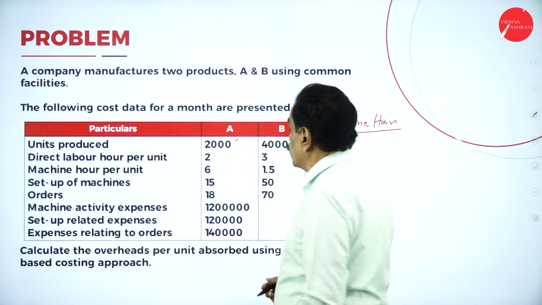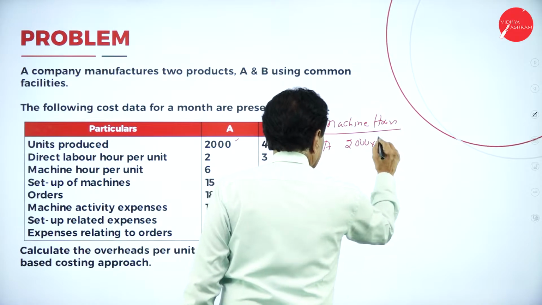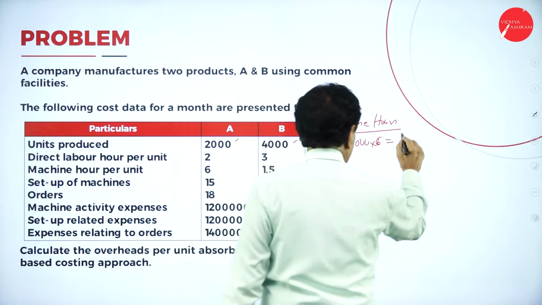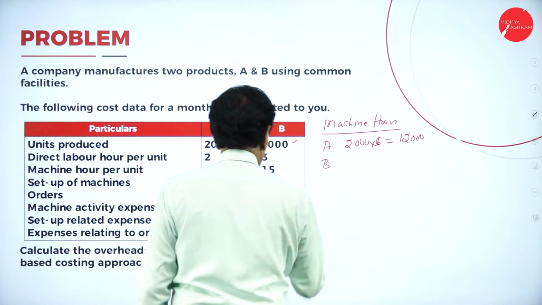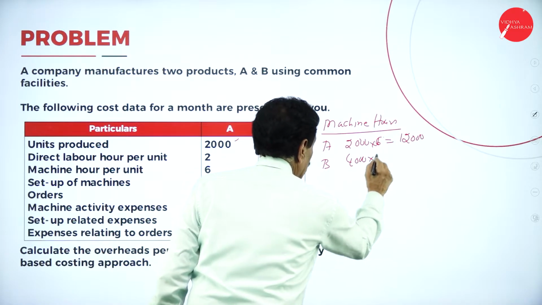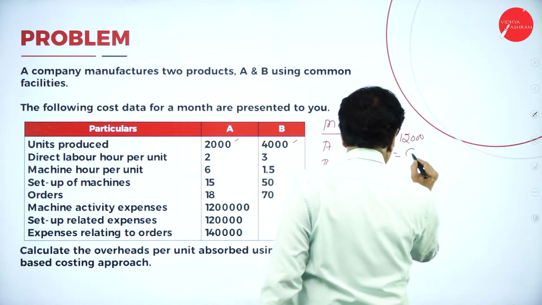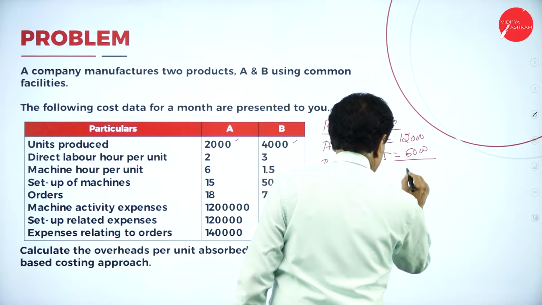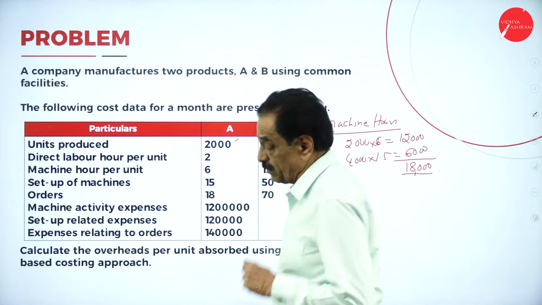How many units are produced? 2,000. This is 2,000 into 6, 12,000 hours. Regarding B, how much do you get? 4,000 into 1.5. This is 6,000 hours. Totally 18,000 hours. This is what we got here.